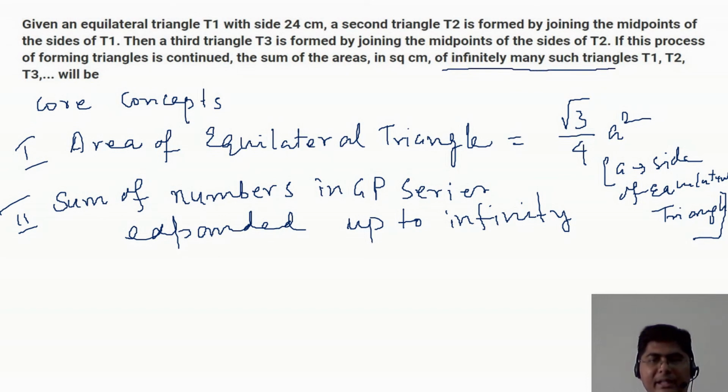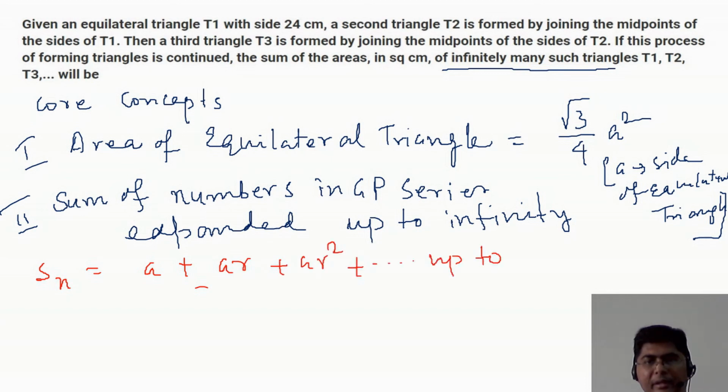So let's take a general example. Let's say Sn equals a plus ar plus ar square plus dot dot up to infinity. This is the sign of this infinity. So what is the value of these summations? The formula is a divided by 1 minus r.